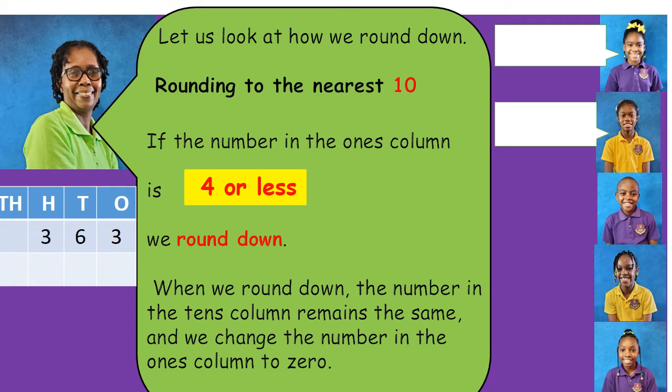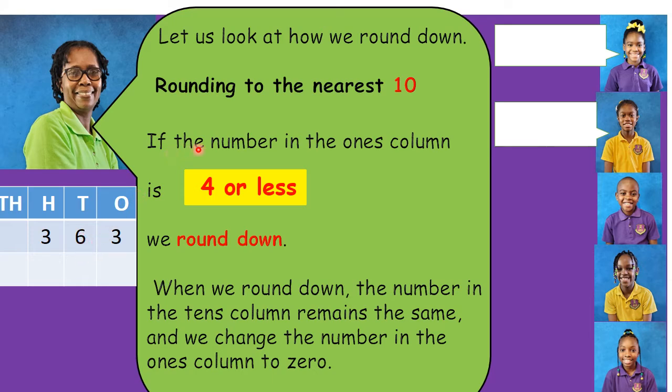All right, so we are going to look at how we round down. So the first one we are looking at is how we round down. And remember, our topic is rounding off to the nearest 10. So now the first thing I am going to do, I am going to find my tens column. So here I have my tens column and I look at my digit. It is 6.